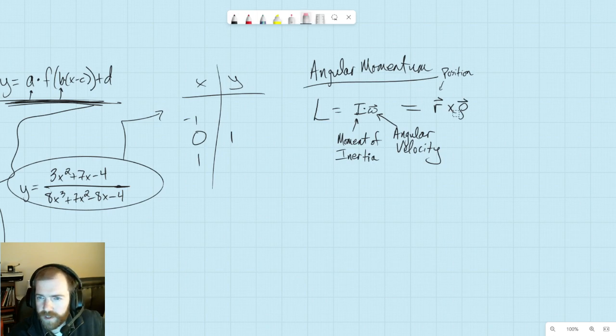I should probably shorten this so it doesn't look like an X, so you don't think it's a variable, because it's not. This is a cross. Alright, so r cross with momentum.